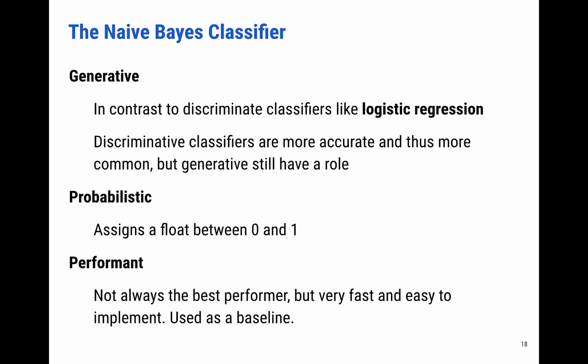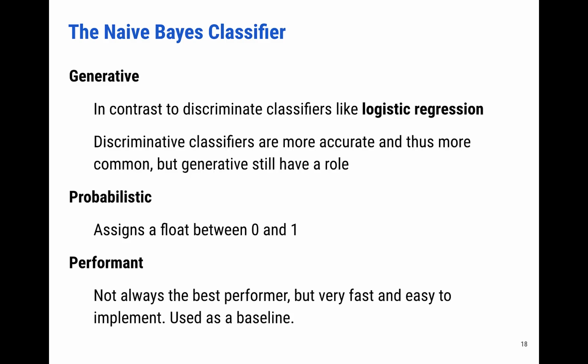The way this works is it assigns a float between 0 and 1 for the classification. It's not going to come out specifically one way or the other. It's just going to give you a higher or lower probability for whether the document belongs to a particular category. It may not always be the best performer, but it will always perform well, the naive Bayes classifier.